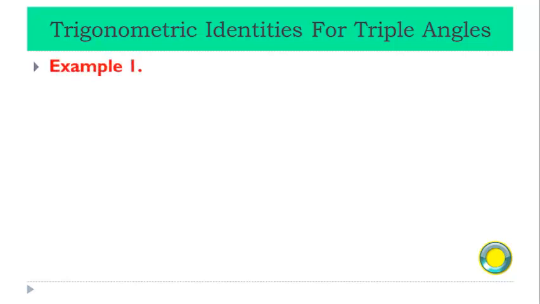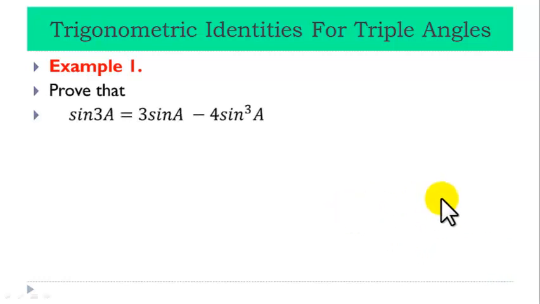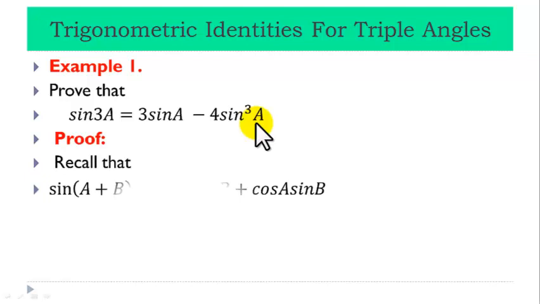Example 1. Prove that sin 3a is equal to 3 sin a minus 4 sin cube a. Proof. Let us recall that sin(a plus b) is equal to sin a cos b plus cos a sin b.